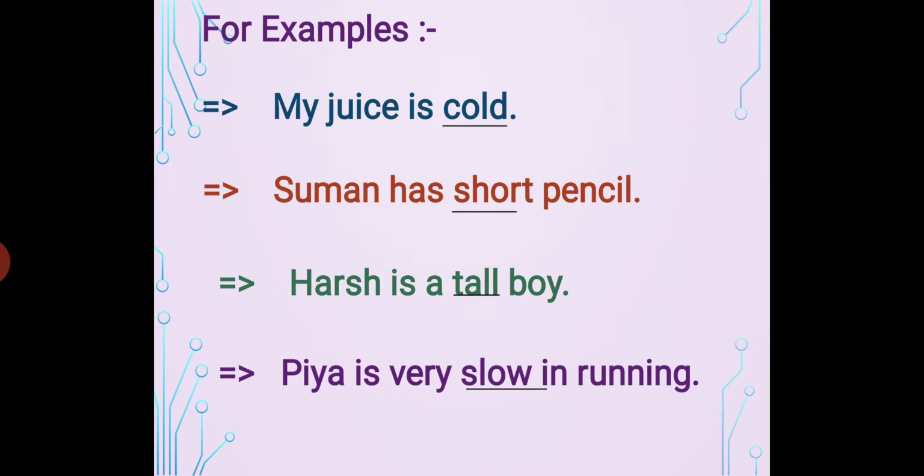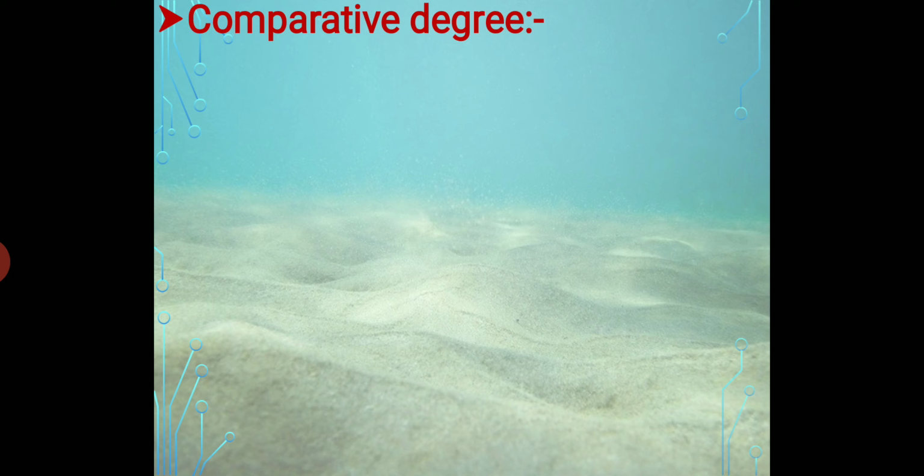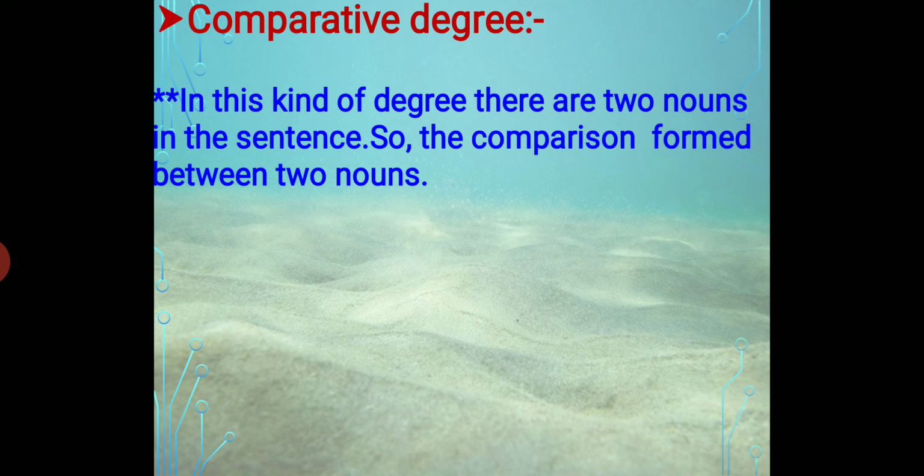Let's move on to the comparative form of the degree. In this kind of degree, there are two nouns in the sentence, so the comparison is formed between two nouns. In the positive form, there is only one noun in the sentence, and as we know, for comparison we need more than one noun.